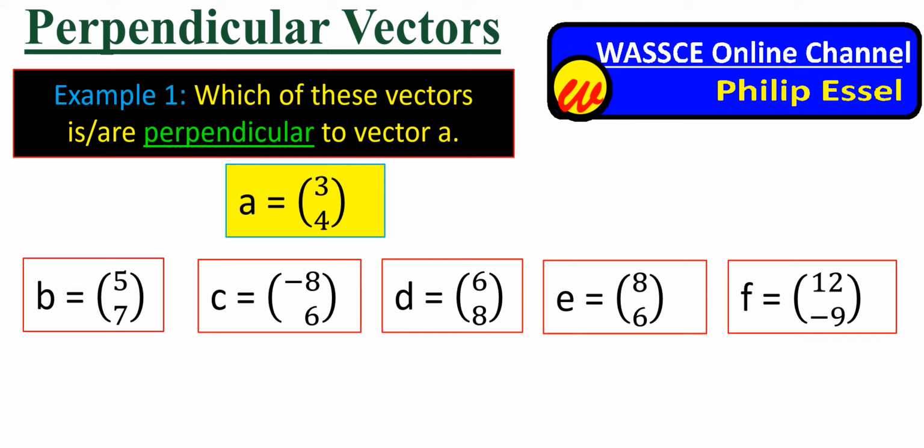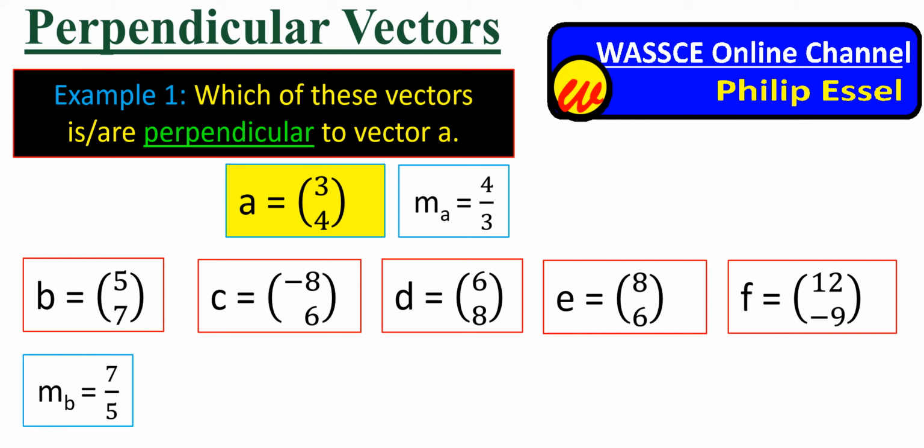The slope of vector A is 4 divided by 3. The slope of vector B is equal to 7 divided by 5. The slope of vector C is 6 divided by -8. We can break this fraction down further. When we do that, we would get -3 divided by 4.